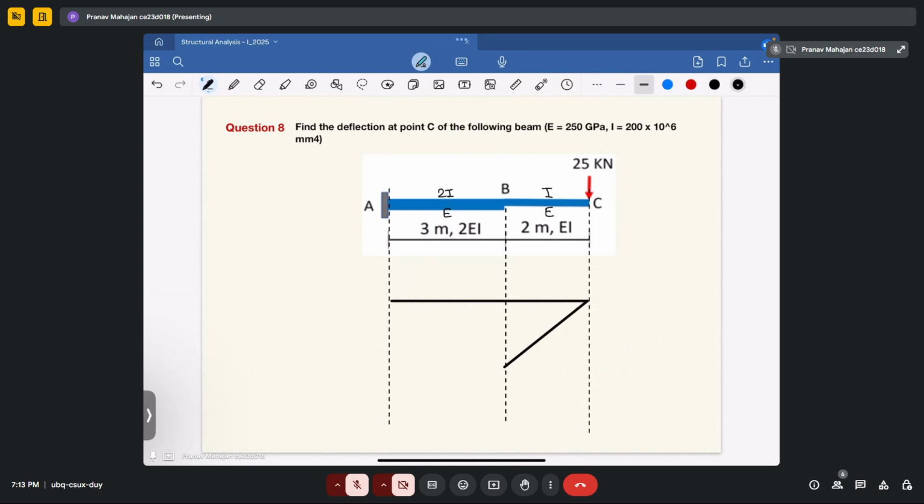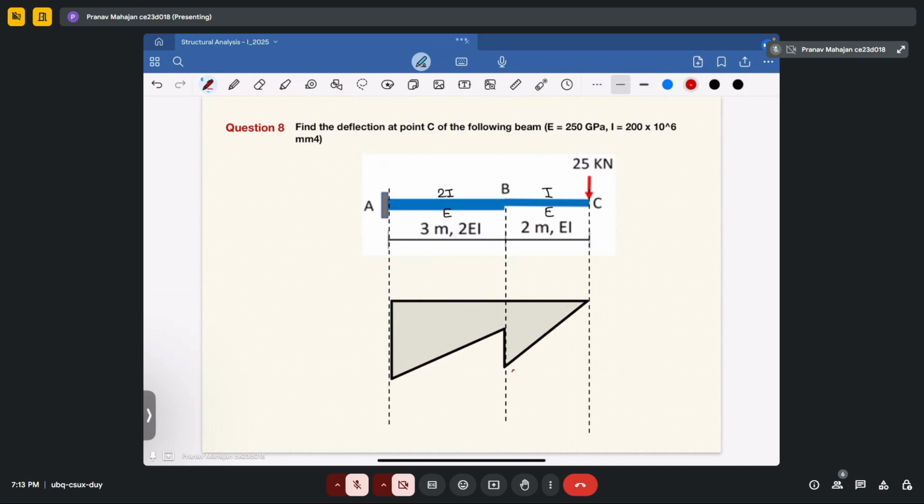Okay, then just to the left of B, the bending moment profile reduces to half, and then again it increases to a certain value. Now if we try to determine the values, how it will look like.